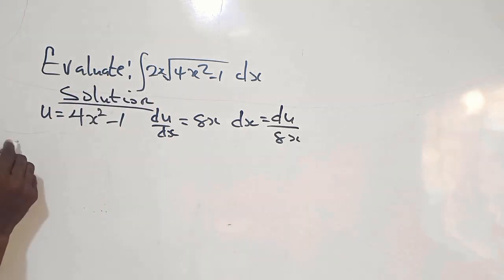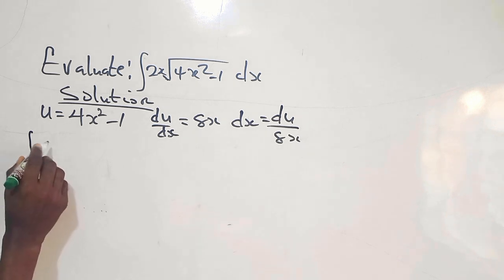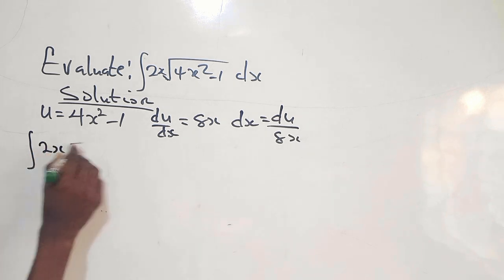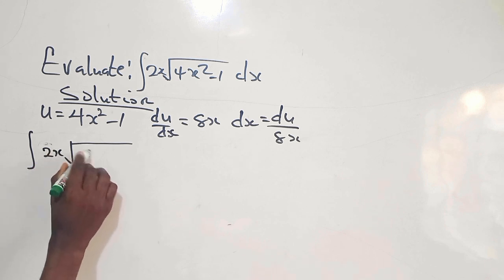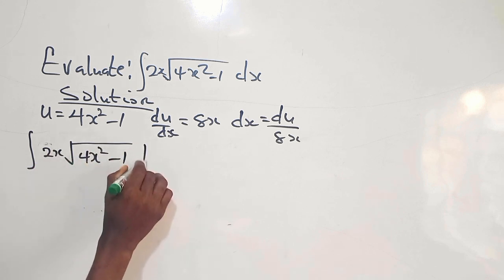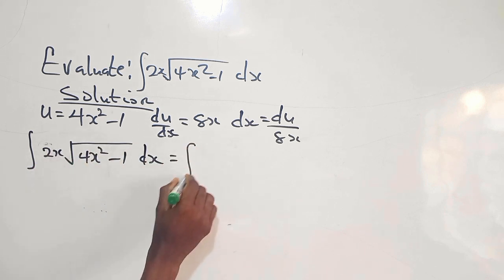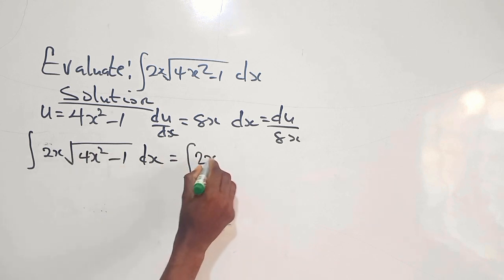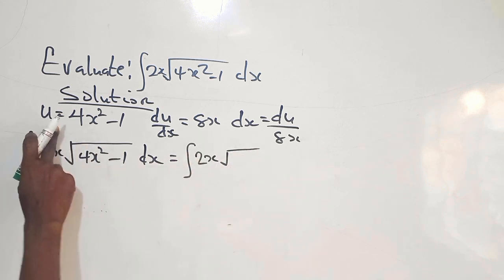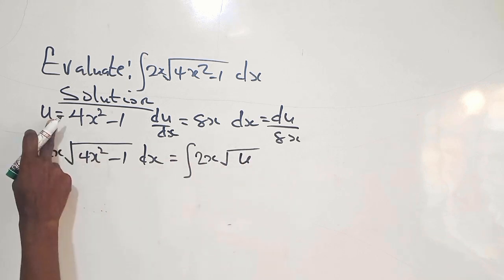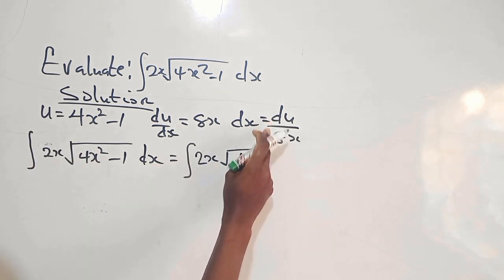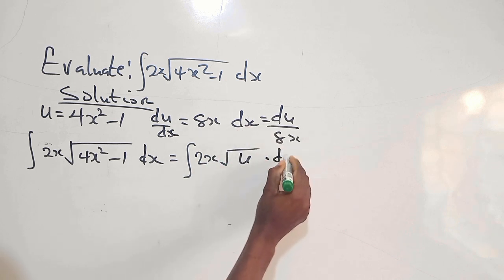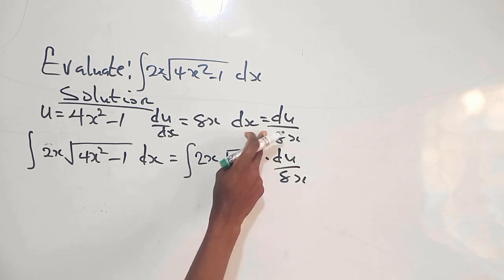So coming back here, I have the integral of 2x root 4x squared minus 1 dx equals the integral of 2x. So root 4x squared minus 1 is u. I've used u to replace that. My dx is now du over 8x.